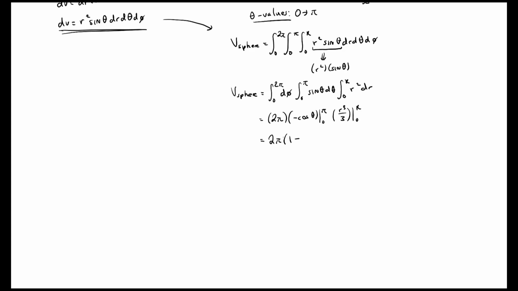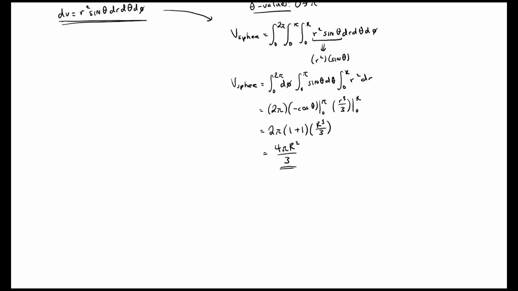Minus gives us a plus cosine of 0, which is a 1. So we have 1 plus 1. Then we have r cubed over 3 minus 0. And I have 2 times 2 pi, 4 pi r cubed over 3. And that gives us the volume of a sphere.